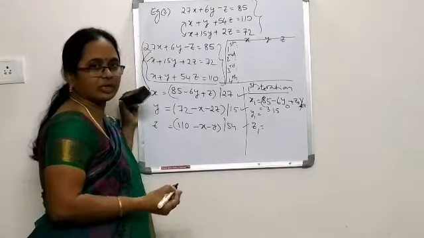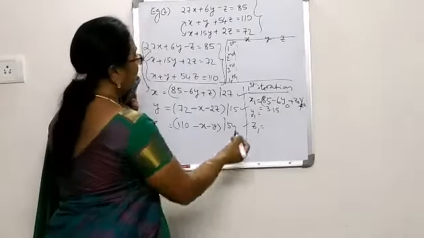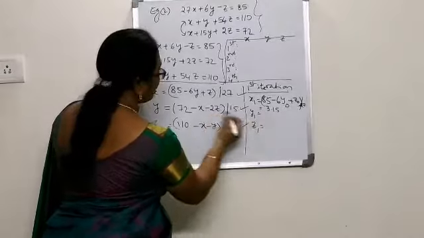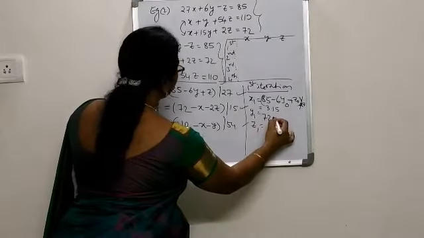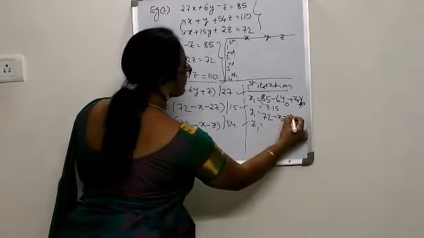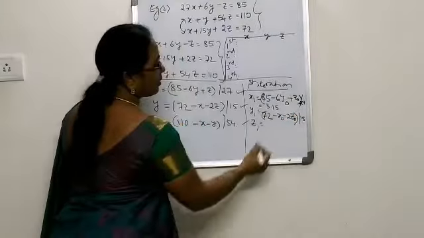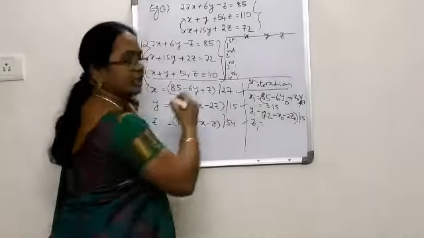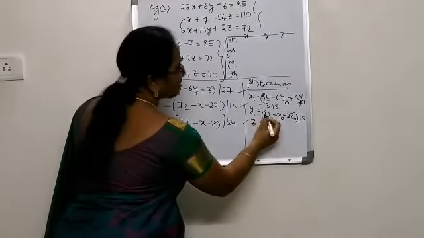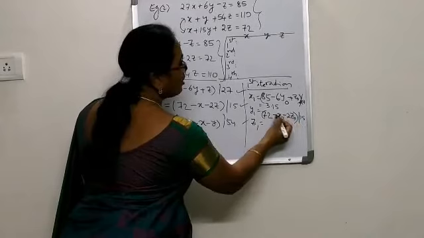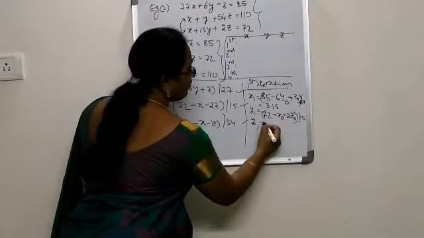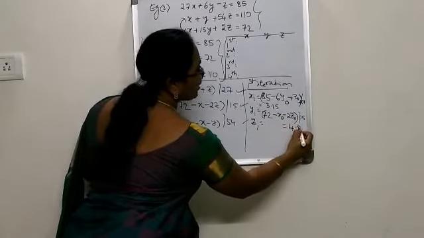You can check this using your calculator. Similarly, to get the value of y1, we have the expression 72 minus x0 minus 2 into z0 upon 15. Because x0 and z0 are initially zeros, we have 72 minus 0 minus 0, 72 by 15, which gives us the value 4.8.